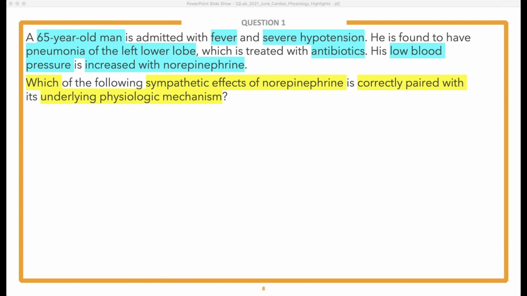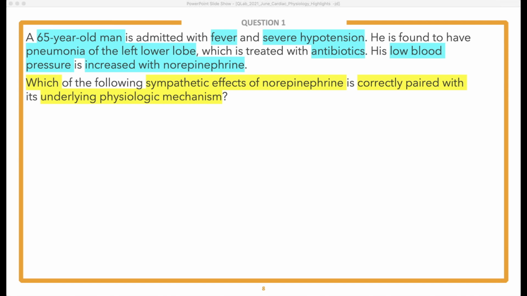They then tell us that this patient has had some workup done, and then they're asking specifically about norepinephrine. As Sean had mentioned, by reading that lead-in first, we actually knew what this question was really about. Not too much in the vignette changed what the question was asking. So we knew that this question was asking about norepinephrine. Specifically, which sympathetic effect of norepinephrine is correctly paired with its underlying physiologic mechanism?